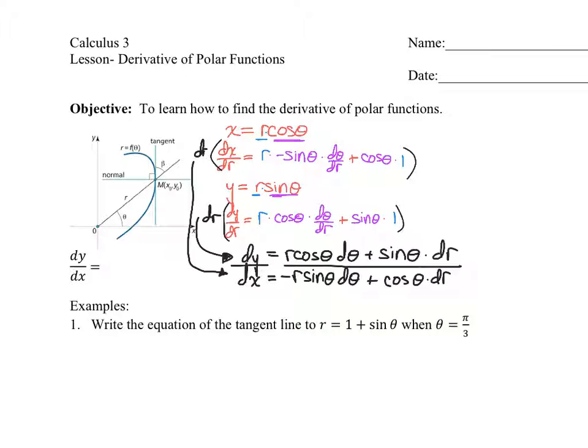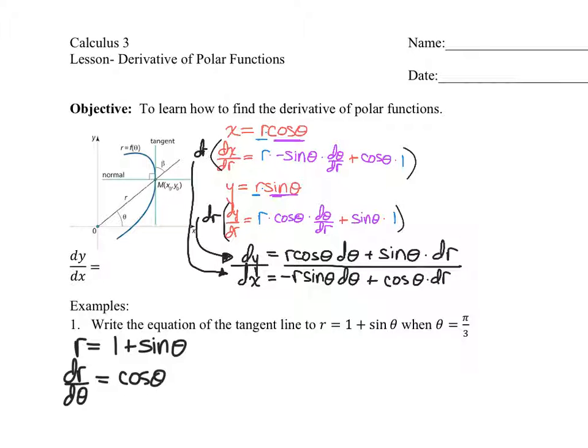So let me get you at least set up on number one. I have r equals 1 plus the sine of theta. So dr d theta is going to be equal to cosine theta. Now I have a relationship between dr, d theta, and cosine theta.